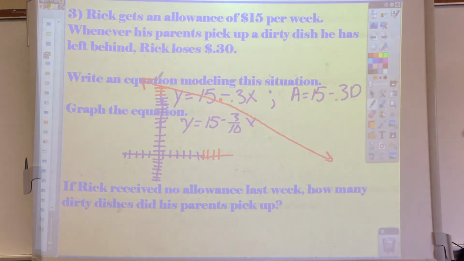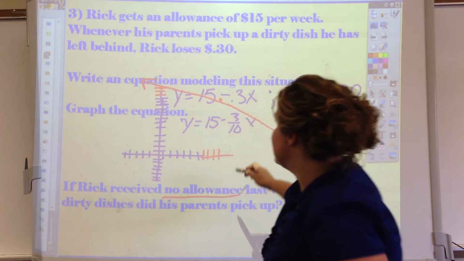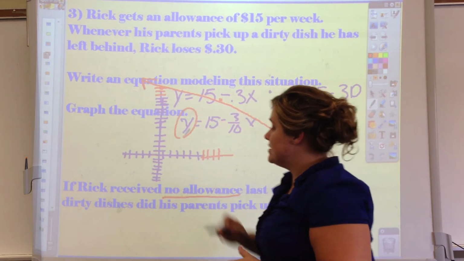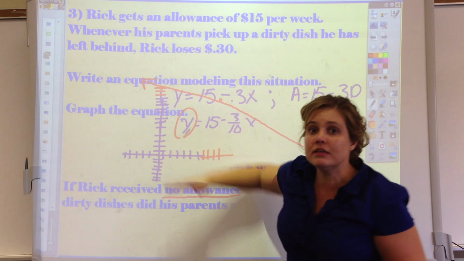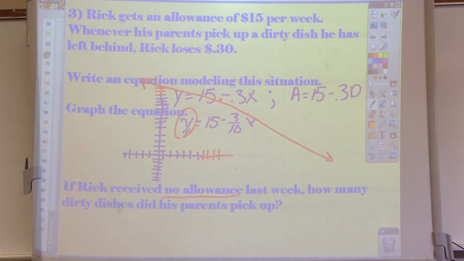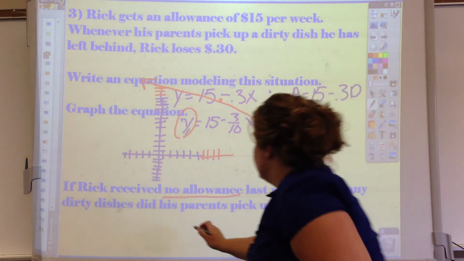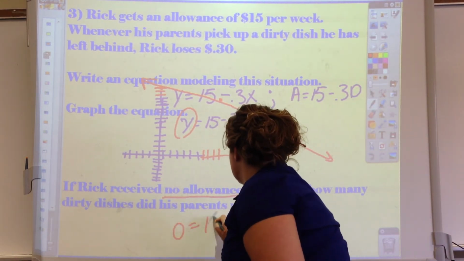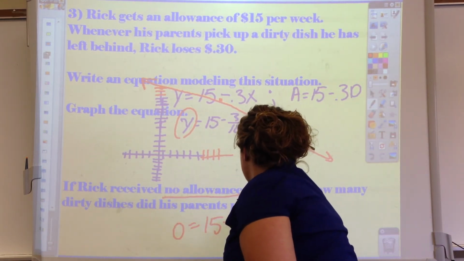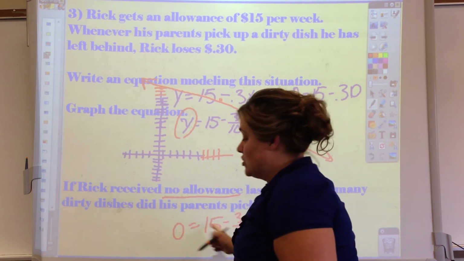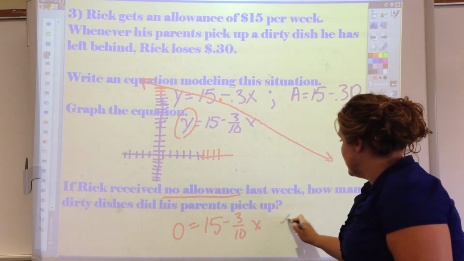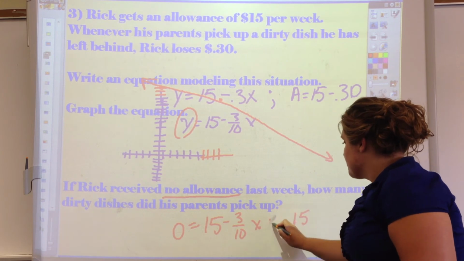If Rick received no allowance, hopefully you agree that is when his output, or his y value, is 0. That's going to happen here at the x-axis. So if we want to find out how many dirty dishes his parents picked up, we can plug in 0 for y in our equation and solve for x. If I subtract 15 on both sides, I'll get a negative 15.